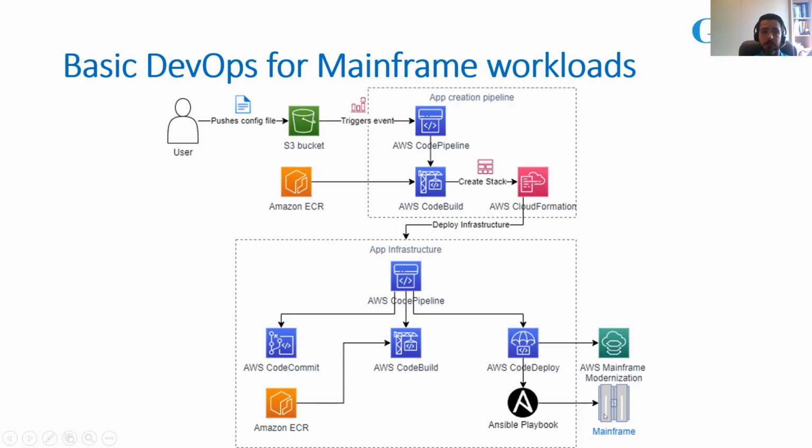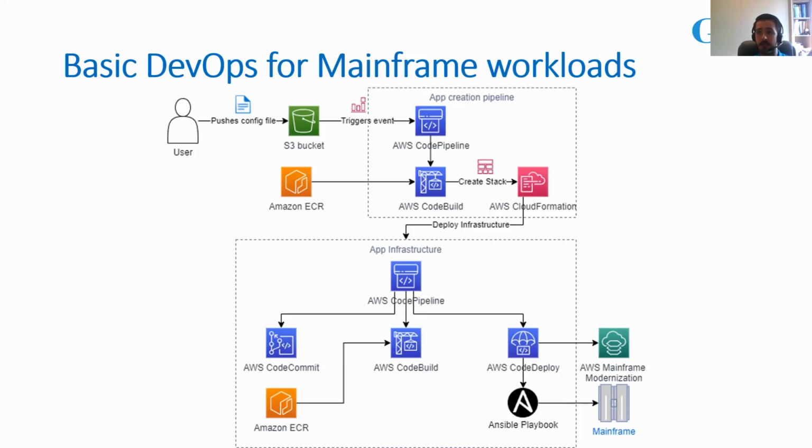Just to give you one idea here, if I want to go further with my application, I could add an extra step here. So I could do my coding and build my code, deploy my code to AWS Mainframe Modernization, test it, make sure I don't have any bugs, my code tests well, the outputs are expected.